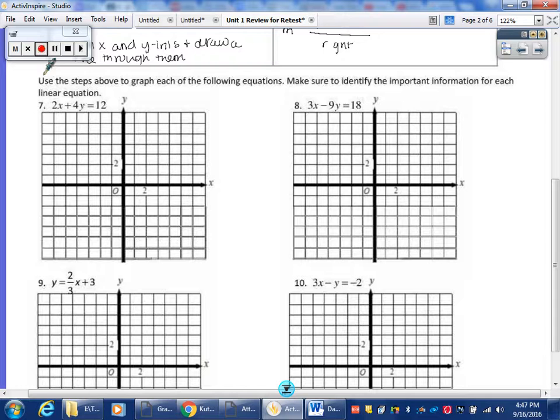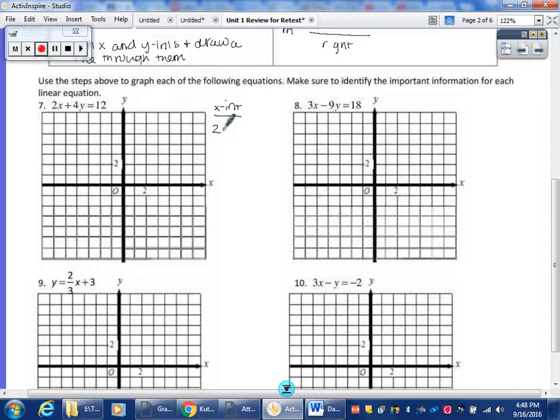So, right here, I have an equation that is in standard form. And so I am not going to solve for y. What I'm going to do is graph this in standard form. The first thing I'm going to do is find my x-intercept, by plugging 0 in for y.